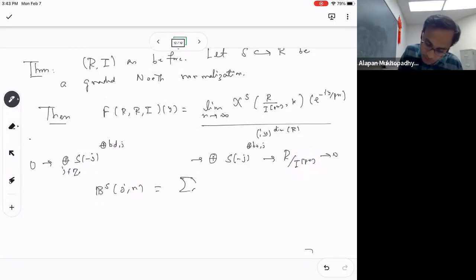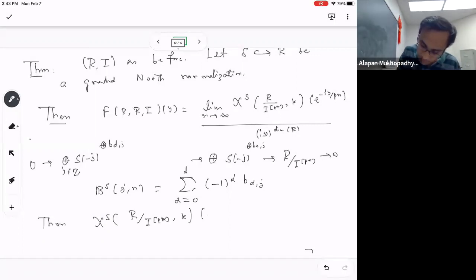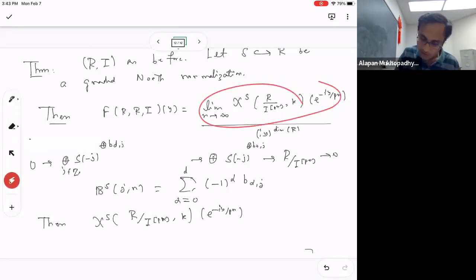It's the alternating sum of the graded Betti numbers b_{alpha,j}, where the alternating sum is over alpha. Then my chi is the denominator here.